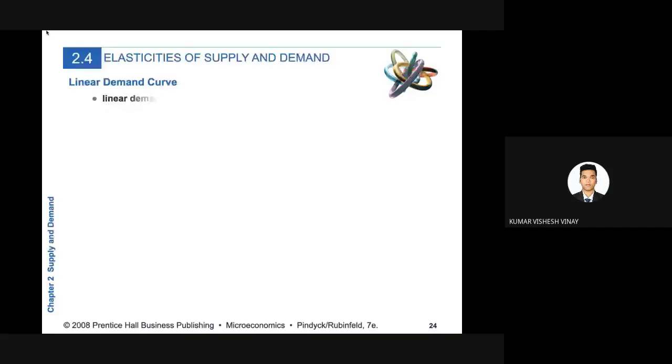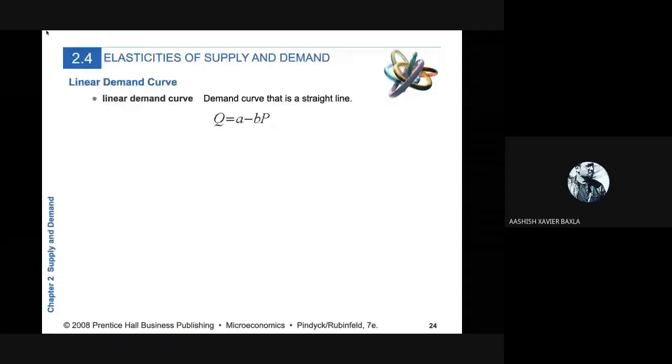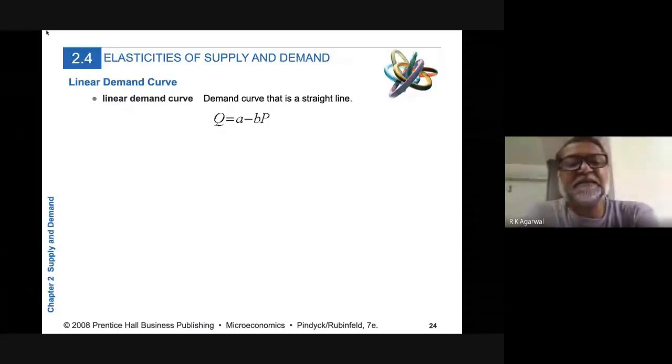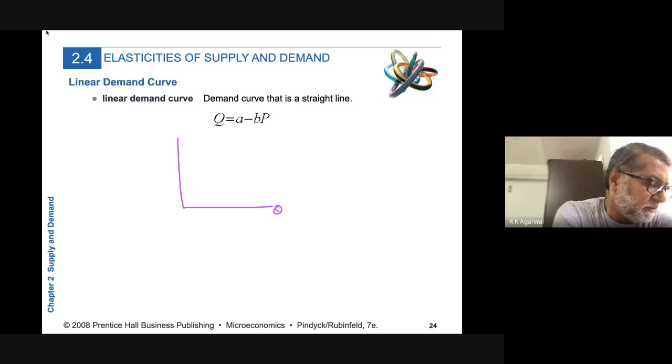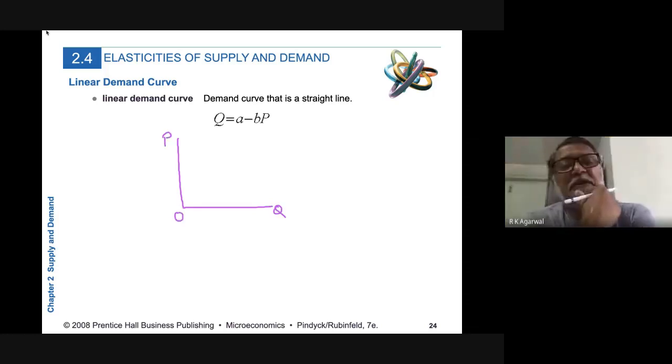Next is the case of the linear demand curve. What is a linear curve? What does a linear curve mean? If I want to draw a linear line, what will it look like?